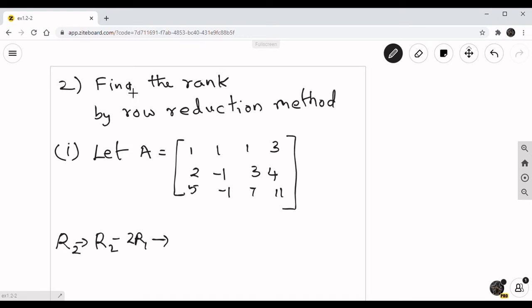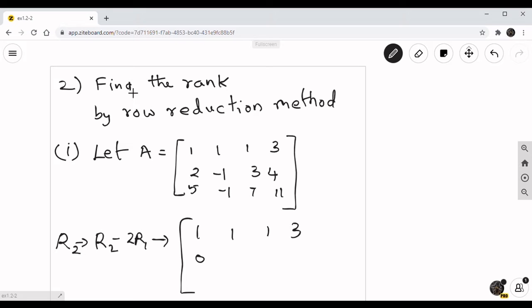So that will be what? We are adjusting only row 2. Let us write row 1 as it is. When we come to row 2: 2 minus 2, so that becomes 0.